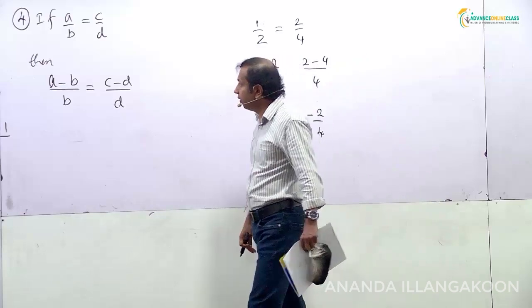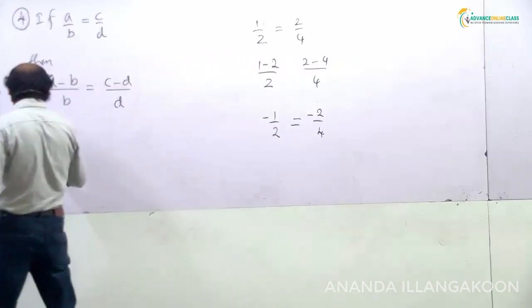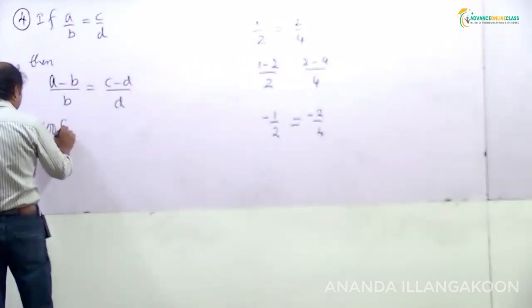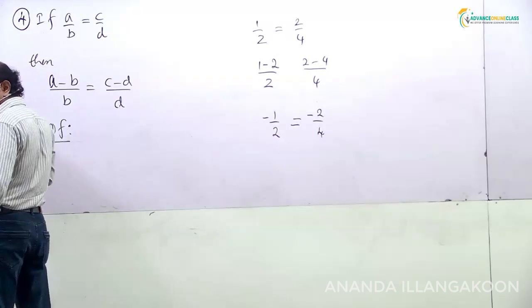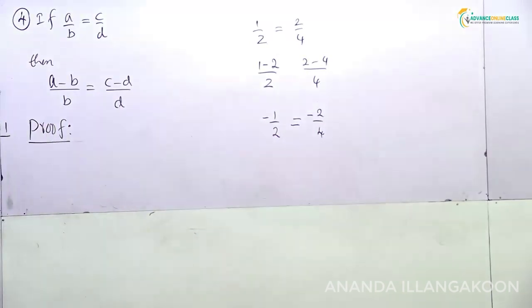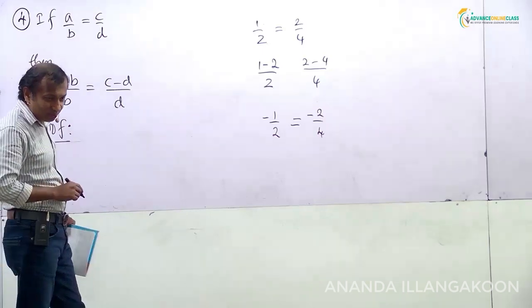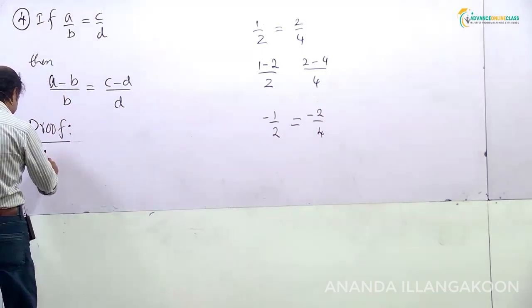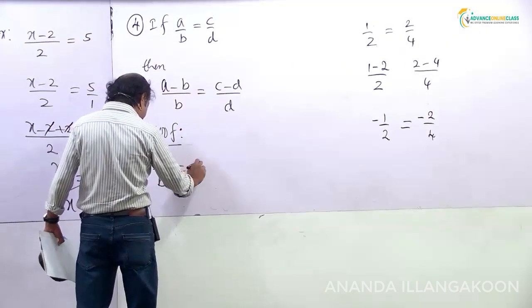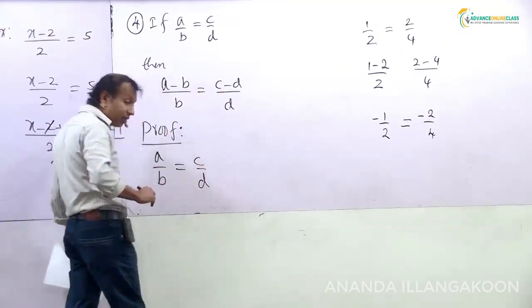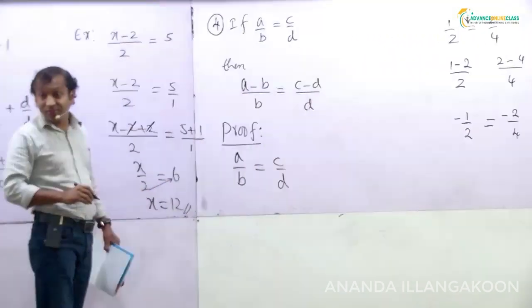Okay? Right. Then come to the proof. I think this time you can guess the proof. How to do this? If you are a little bit cunning enough, you can guess the proof here. We start here, no? A over B equals C over D. Tell me the way of proving this.